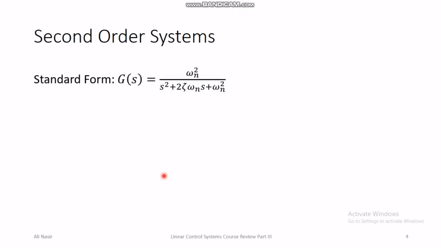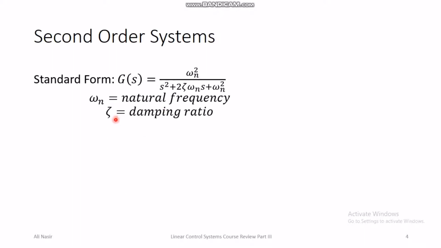The second order system standard form is omega n square over s square plus 2 zeta omega n s plus omega n square, where omega n is called the natural frequency, zeta is the damping ratio, and zeta times omega n is called the damping factor of the second order system.